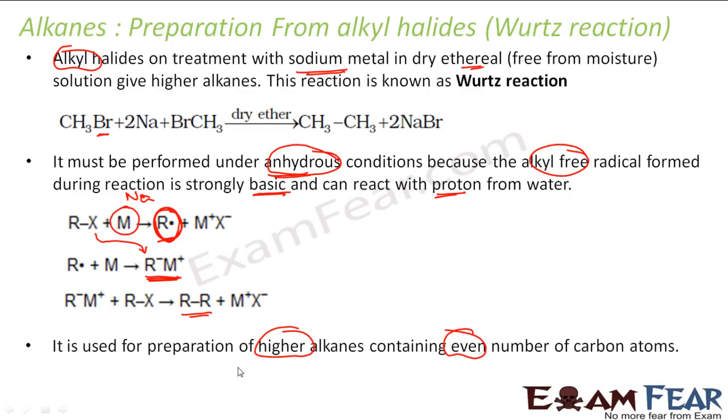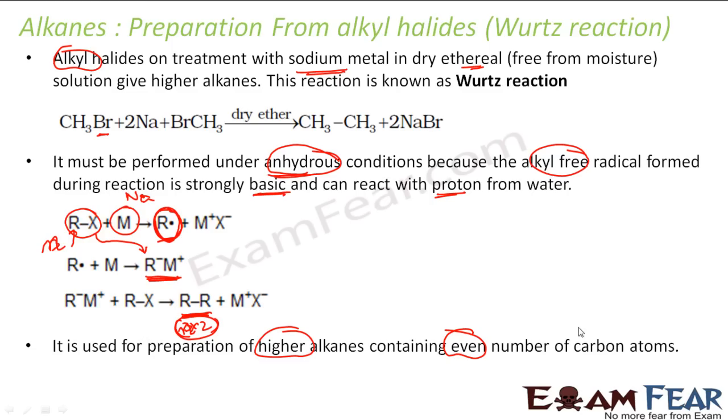Why? Because this is RX. Let's suppose it has 3 carbon atoms. When it combines, it becomes R-R, so it will have 3 into 2. Even if it has n carbon atoms, it becomes n into 2, which is always an even number. Correct? So it is always preferred for an even number of carbon atoms.